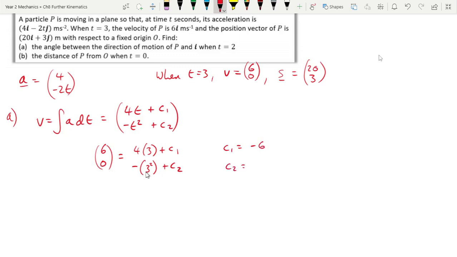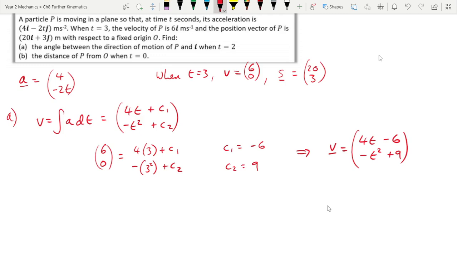And 0 plus 3 squared, so c2 is 9. So my final equation for the velocity is (4t minus 6, negative t squared plus 9). That describes my velocity at any point in time.